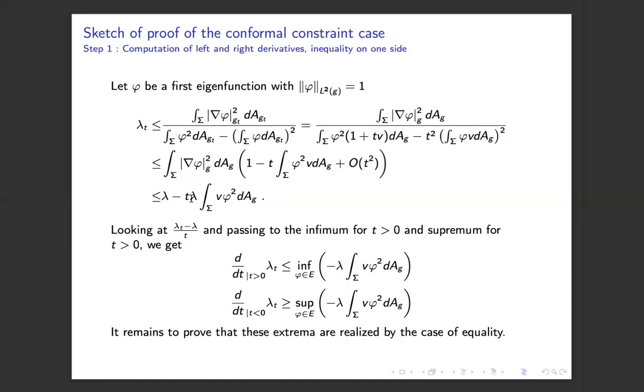And when t is negative, the inequality changes side so that you have these inequalities passing to the infimum and supremum. And the difficulty is to prove that, in fact, you have equality here. And for that, we have to deal with the equation satisfied by the first eigenfunction on the surface sigma endowed with the metric g_t.